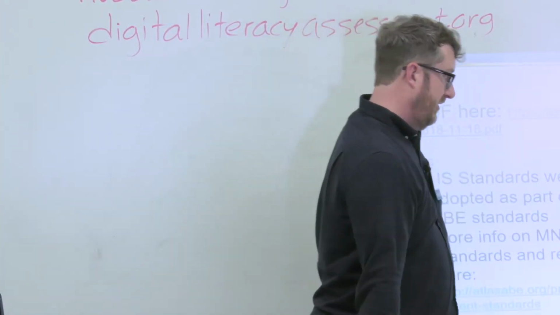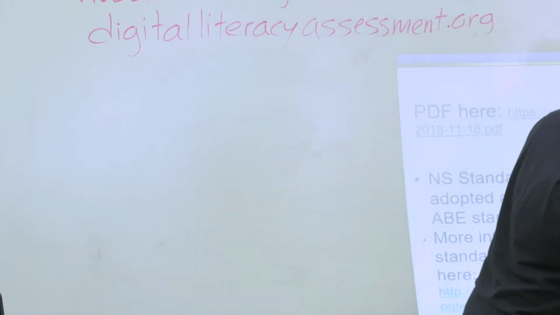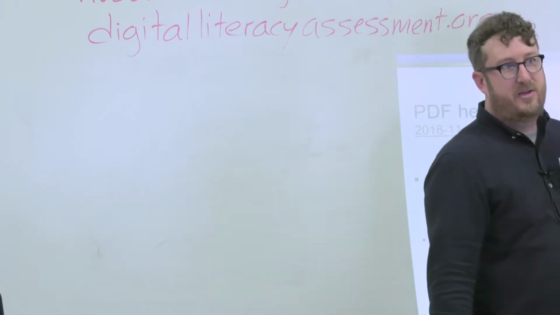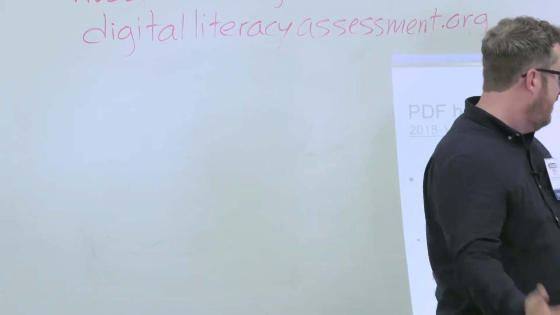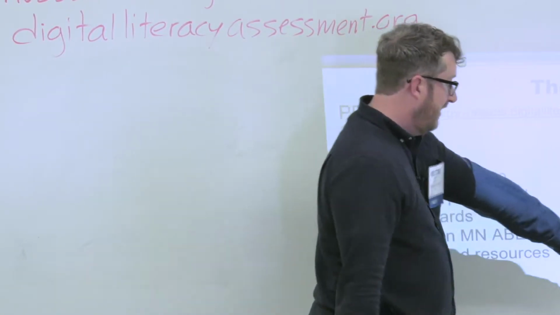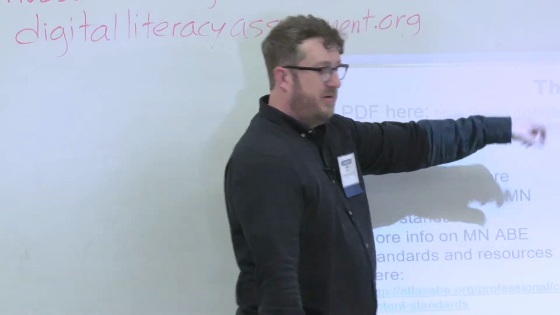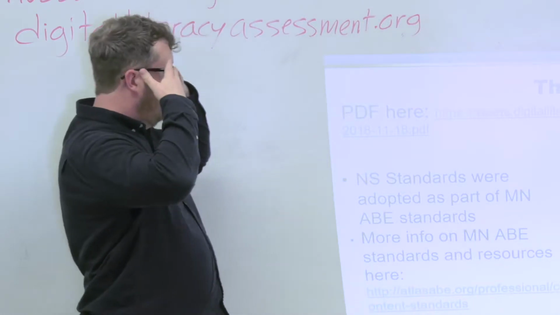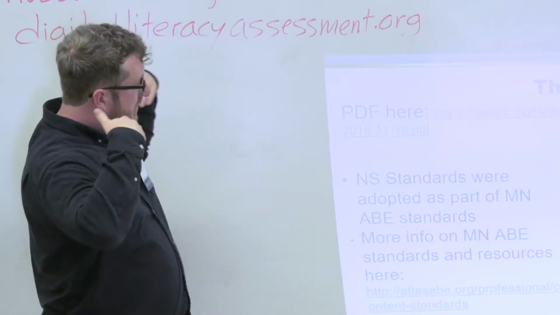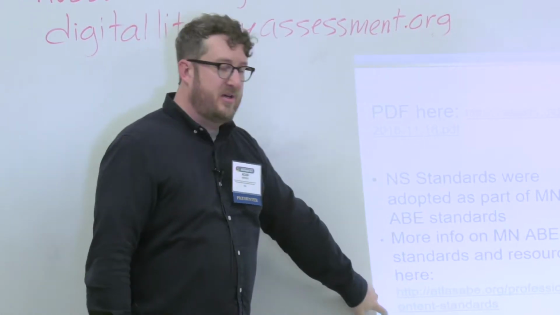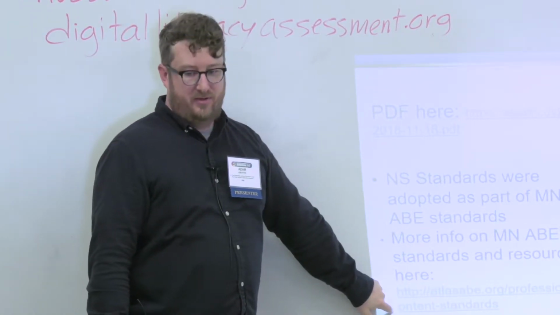It's got to be part of how you're doing instruction. Digital literacy skills in Minnesota, we use these because they're homegrown and they're already there. And then we have the soft skills and professional stuff. So this is kind of just how we frame ABE instruction, all that stuff. And more information can be found here if you want to dig deep in this stuff.